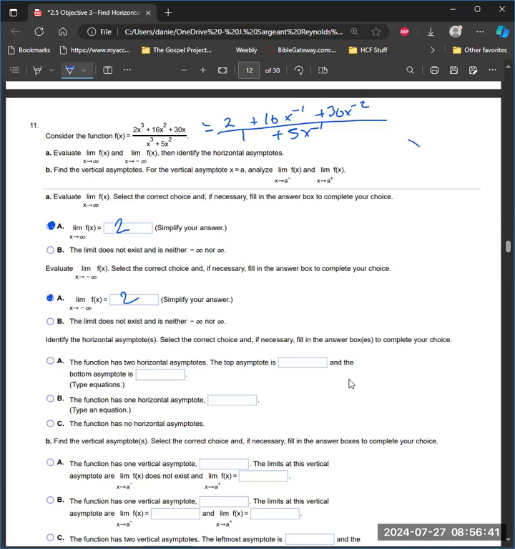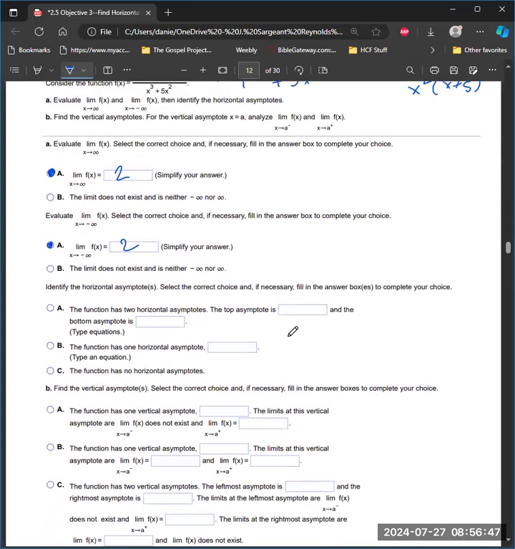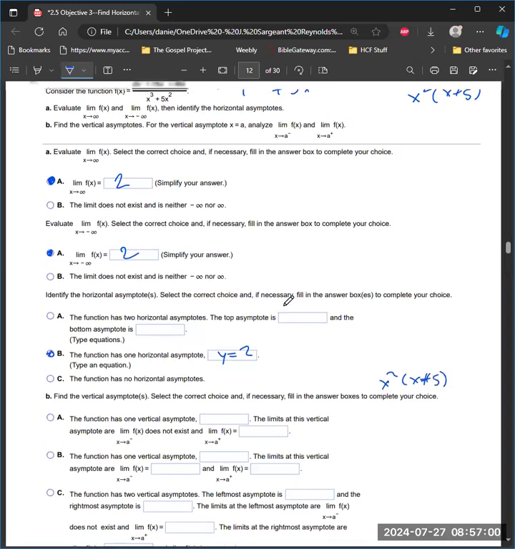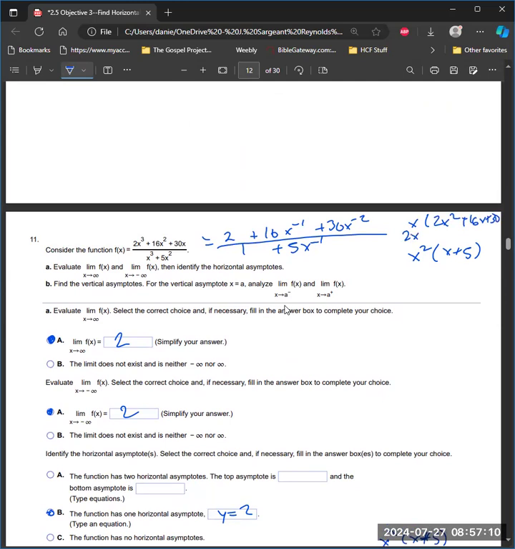The denominator here is x squared times x plus 5. There's one horizontal asymptote at y equals 2. Vertical asymptotes, so denominator. And let's just look at that numerator. x times 2x squared plus 16x plus 30. Take that 2 out.